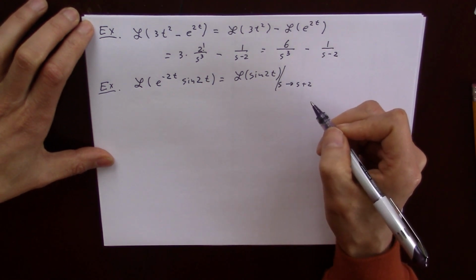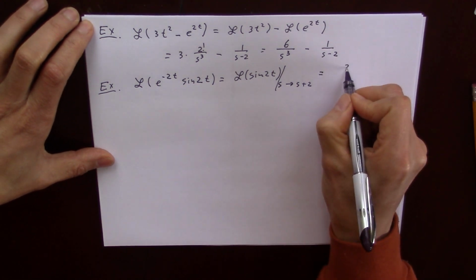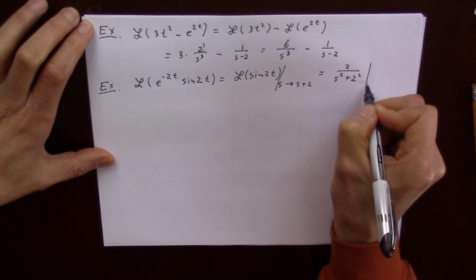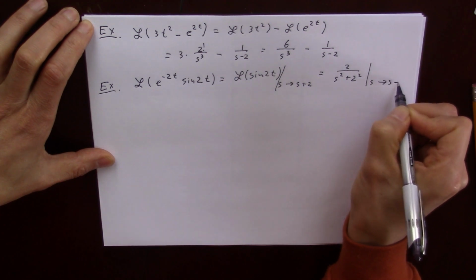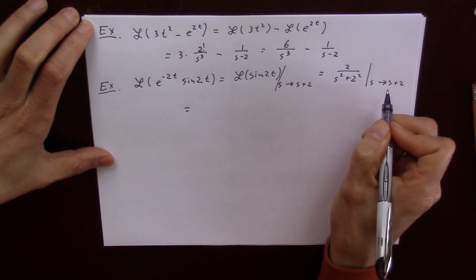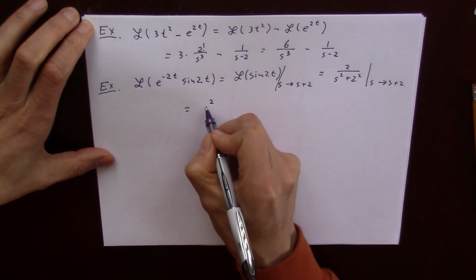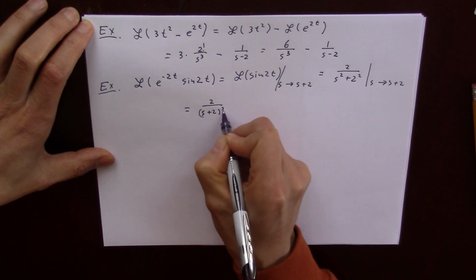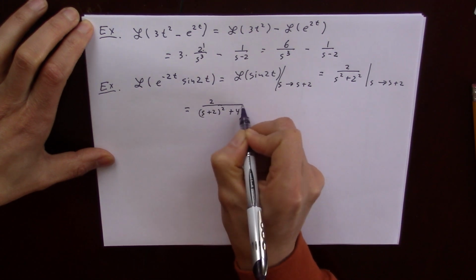Laplace transform of sine of 2t equals 2 over s squared plus 2 squared, and I have to change s into s plus 2. All that is left, do a substitution, s into s plus 2, so I'm going to have 2 over s plus 2 squared plus 4.